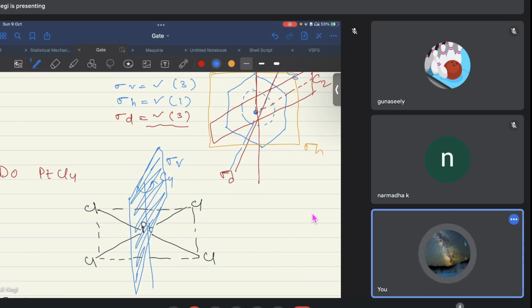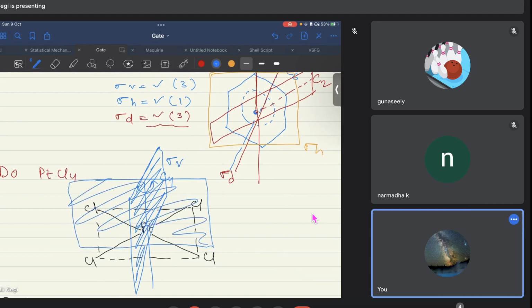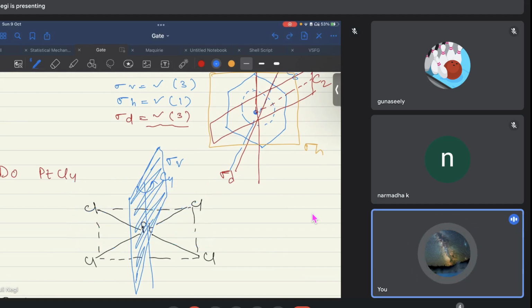Because it will contain the principal axis and be vertical to it, and this will reflect the whole molecule again, and hence it is a sigma v. And so this is one sigma v. Another sigma v will be something like this. Correct. And so sigma v is present here. Sigma h will be present, yes.